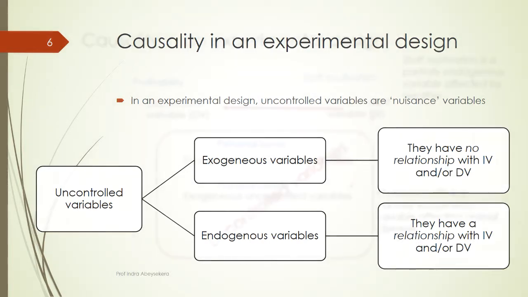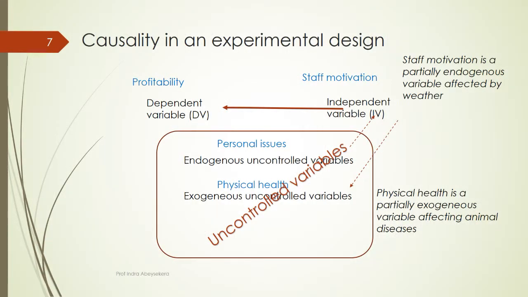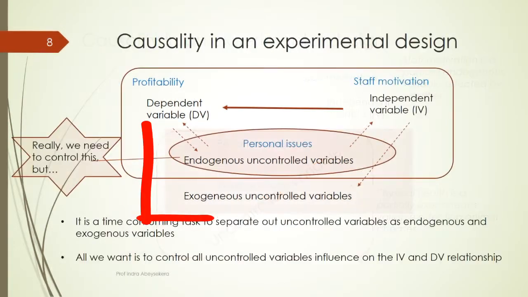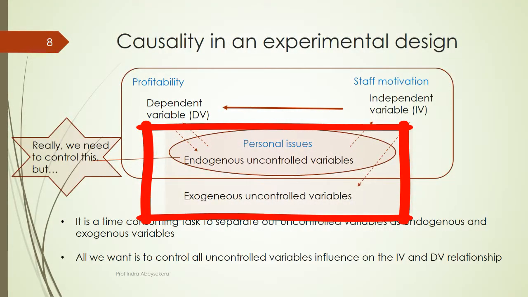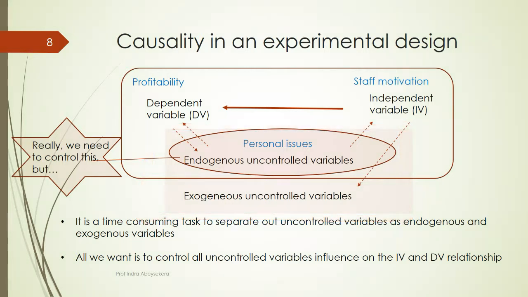Those that interfere with the relationship are called endogenous variables, and those that do not we call the exogenous variables. So the uncontrolled variables have endogenous and exogenous variables. And for us to control, we can control the endogenous uncontrolled variables because exogenous uncontrolled variables have no influence on the relationship between the independent variable and the dependent variable.